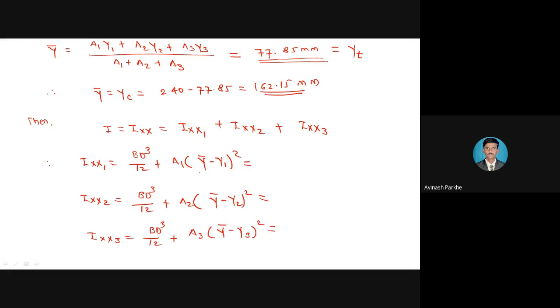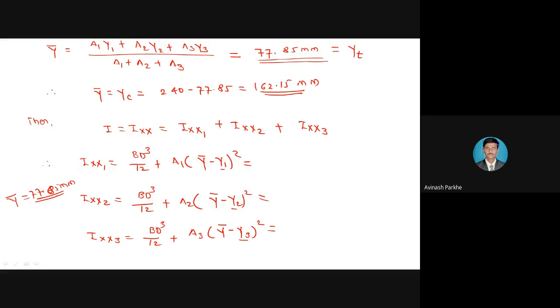Here, whatever the y bar is in Ixx1, Ixx2, Ixx3, that y bar we have to consider from the bottom side up to the neutral axis, because y1, y2 and y3 distances we have taken from the bottom side. Therefore the y bar also we have to take from the bottom side. That means for all the y bar we have to take 77.85 mm.